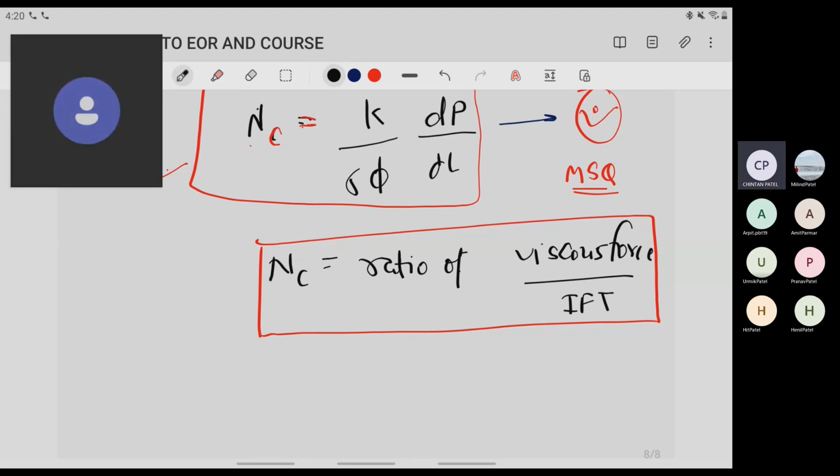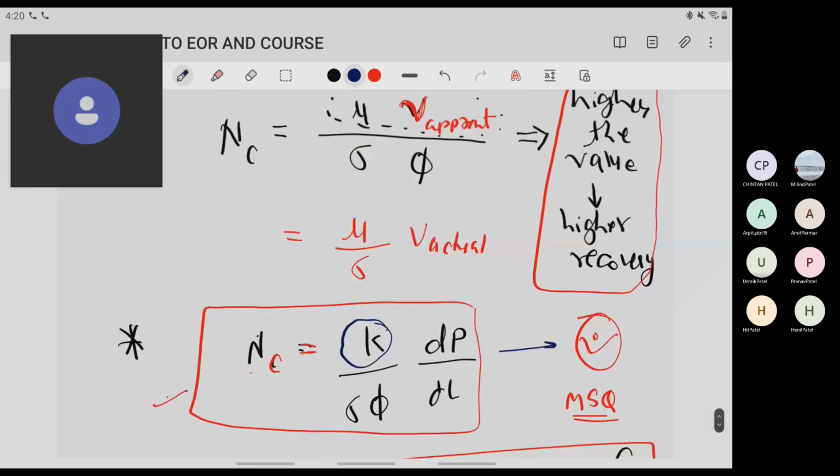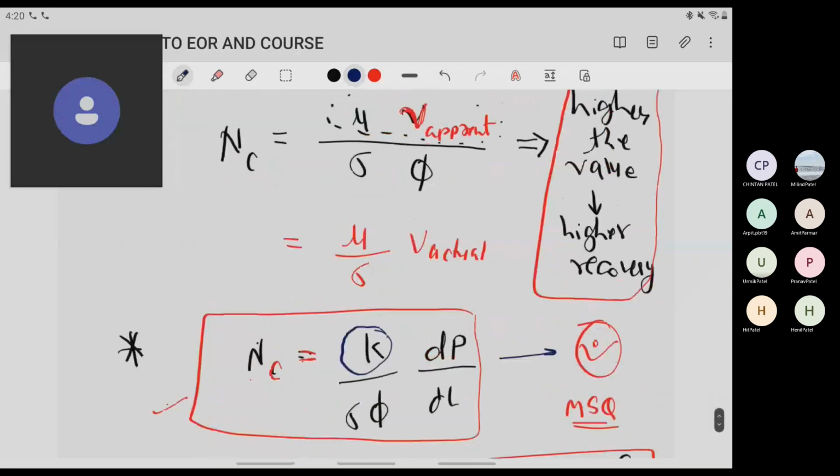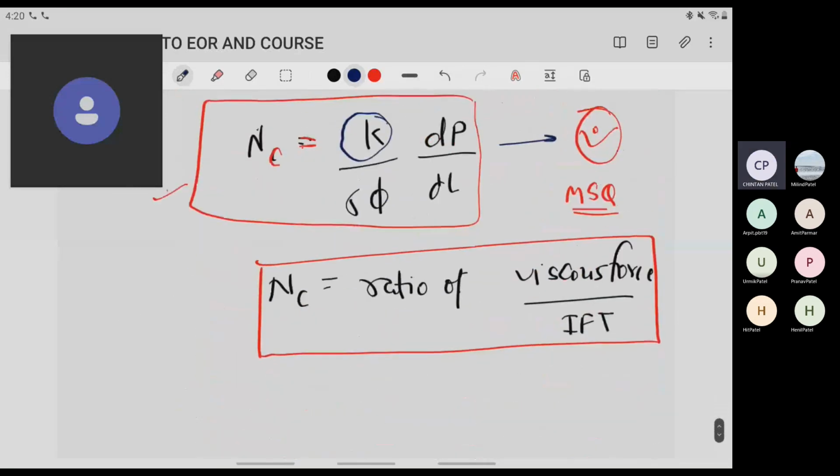Simply, I can replace this K here, and we can say it is sigma into L. If you think about the unit, sigma into L can be neglected. Correct?